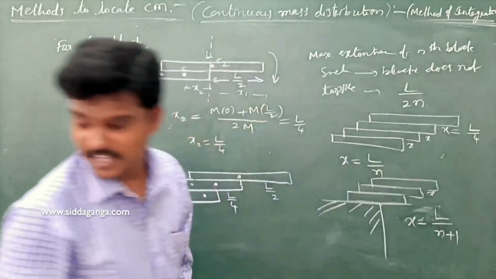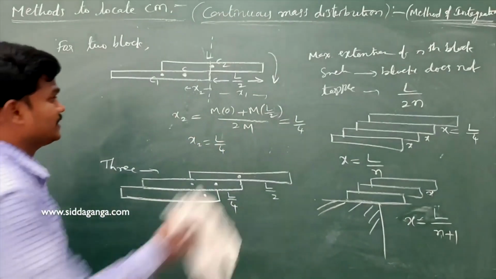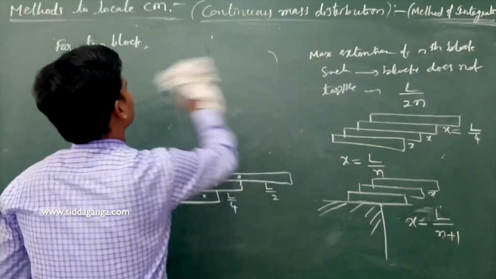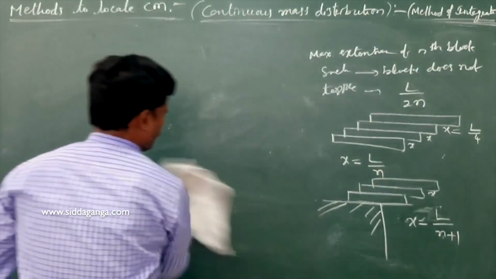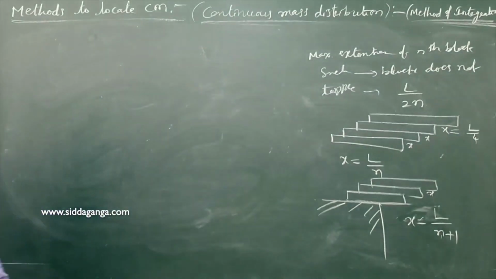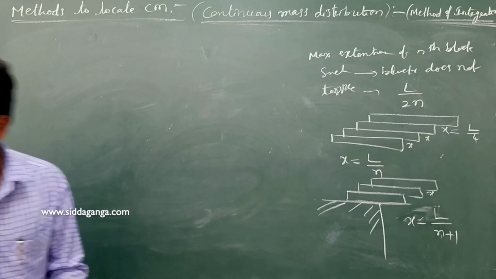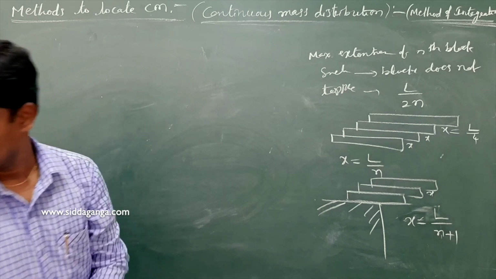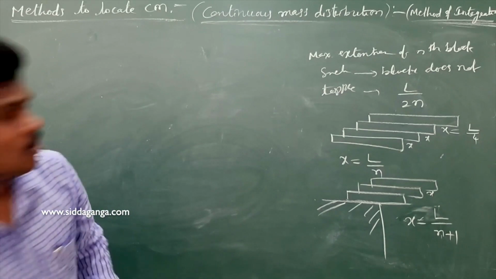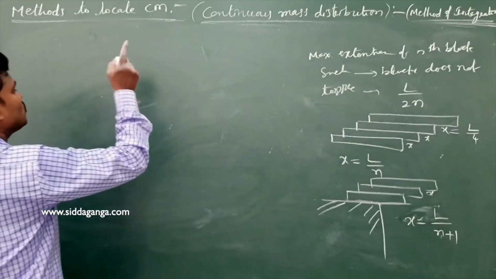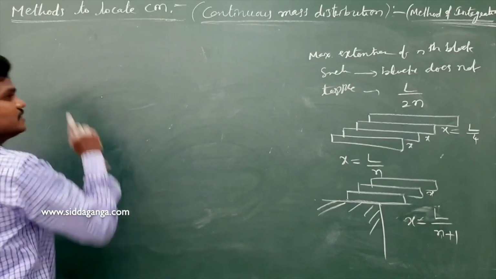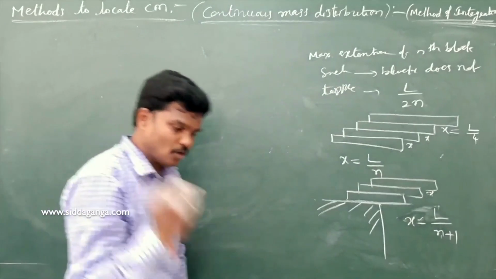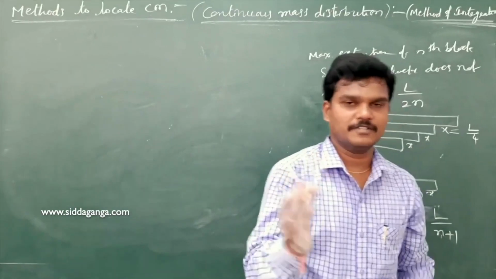Suppose they give one simple question like this. They give 4 blocks, placed one over the other such that the blocks do not topple with respect to one another.